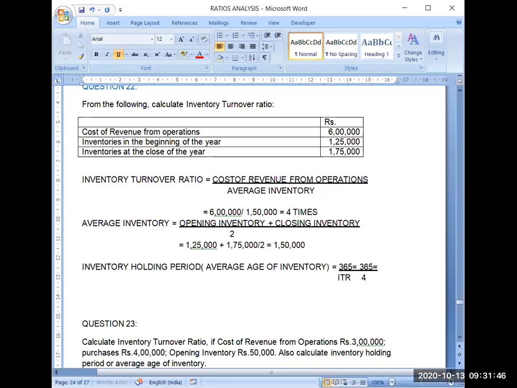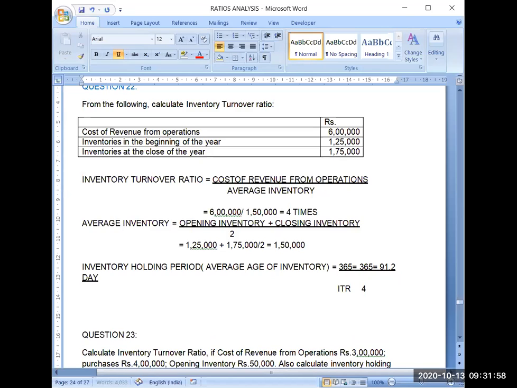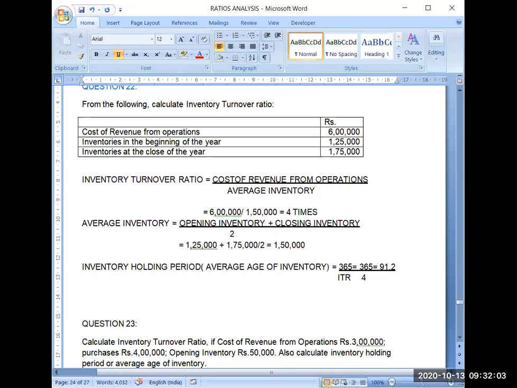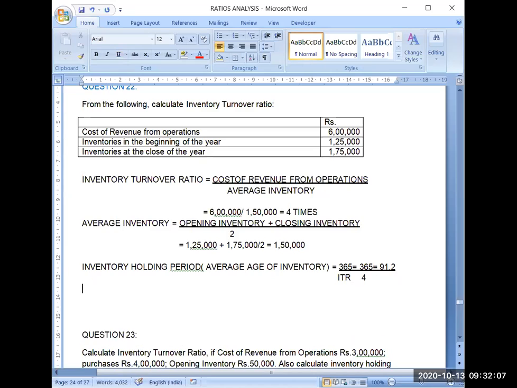So 4 9s are 36, 4 1s are 4, then the remainder will be 1. So 0.2, 91.2 days. It will be 91.2 days, or we will round it off, because any fraction more than 91 will be another day.